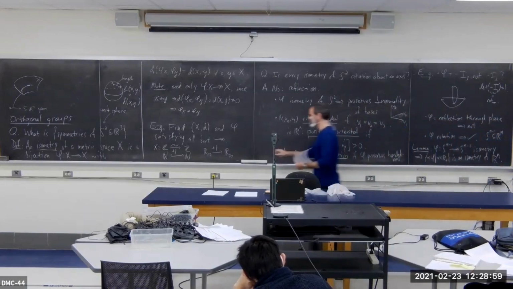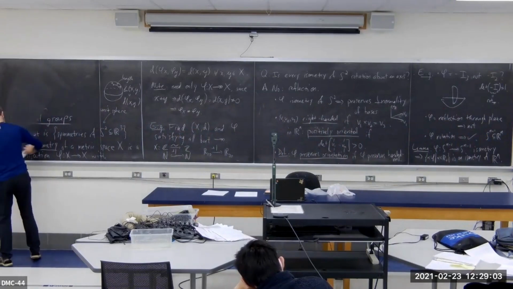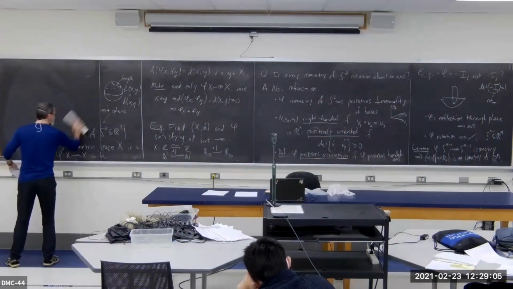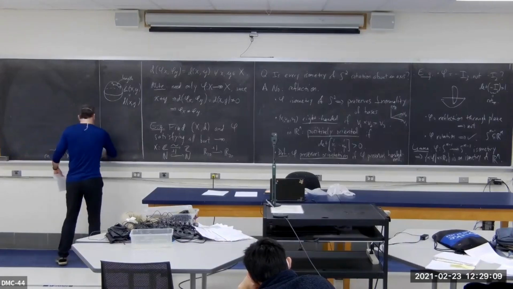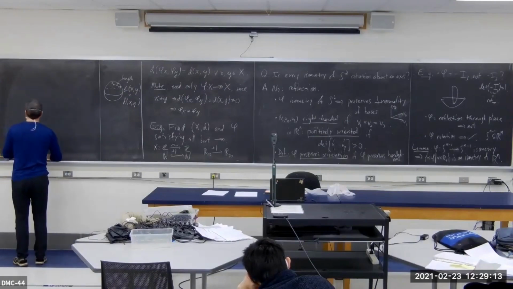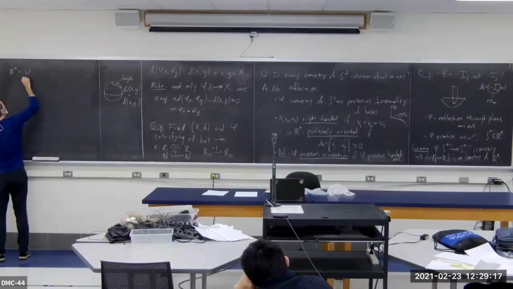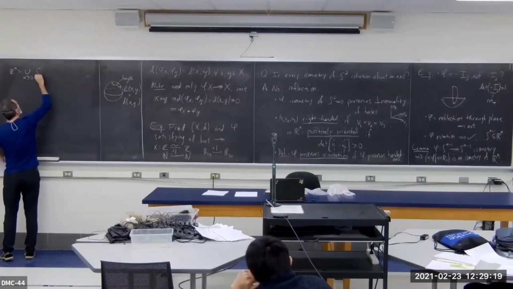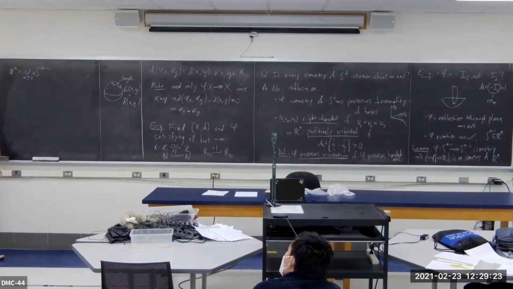What do I mean by that? The point is that Rn is a union of spheres of various radii: Rn is the union over all alpha greater than or equal to 0 of alpha times S^(n-1).